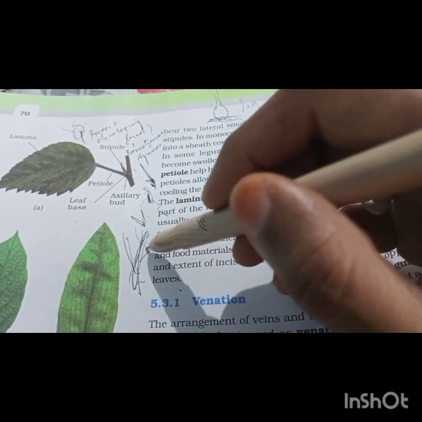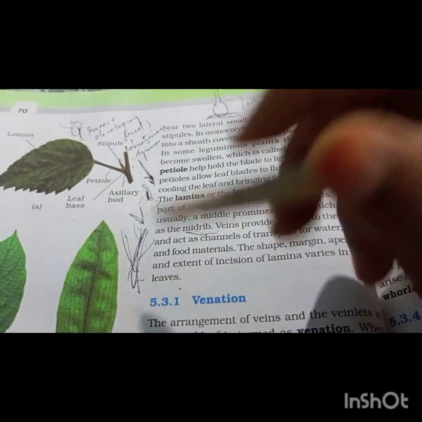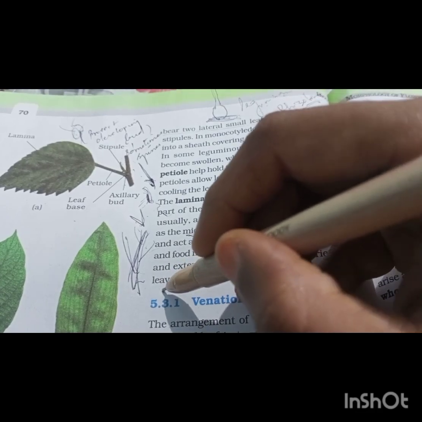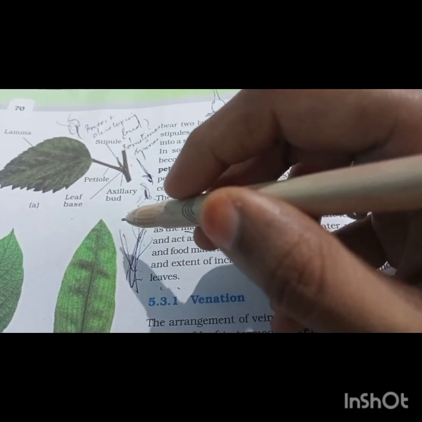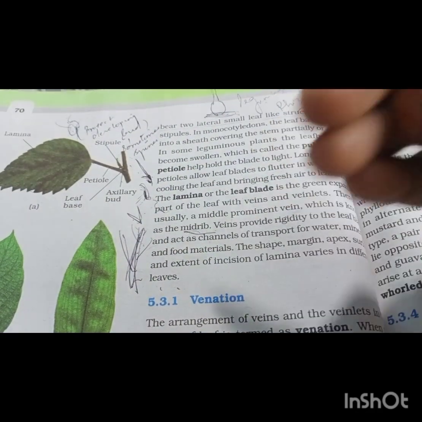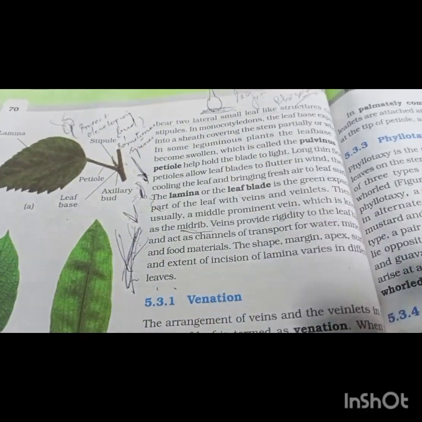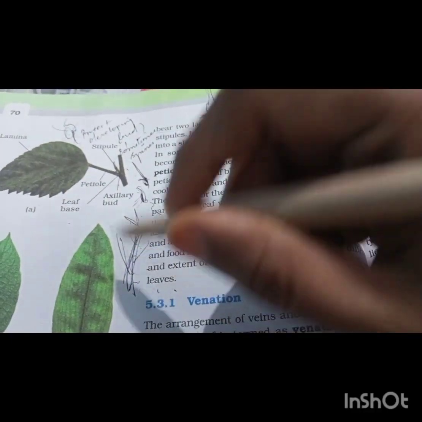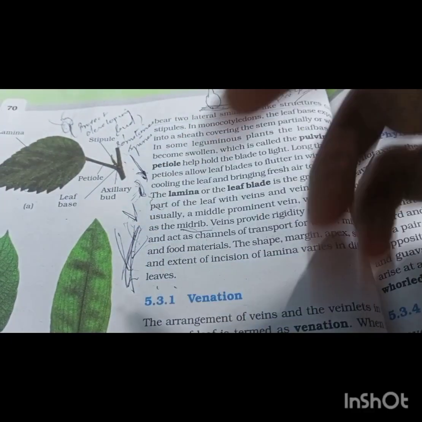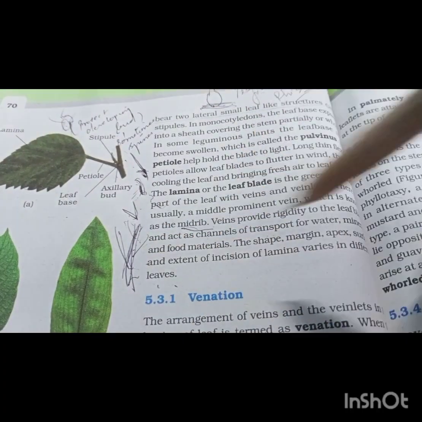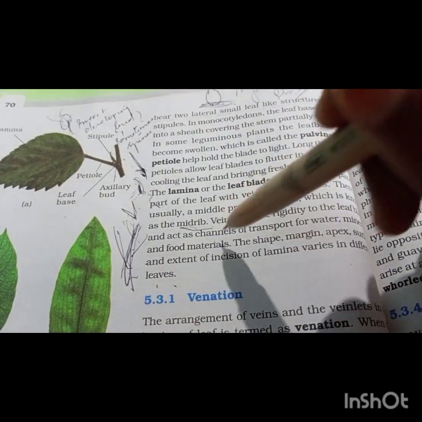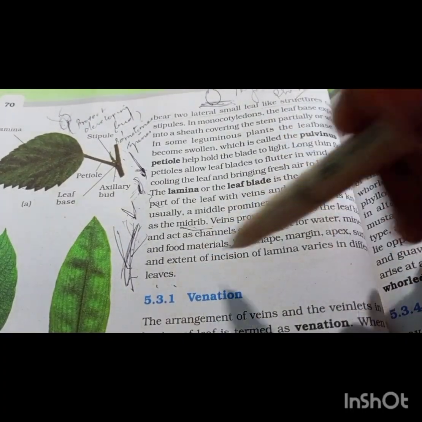They give rigidity and shape to the leaf, and also act as a conducting agent for the conduction of water and food. Just like in our body the circulatory system circulates blood, in the same way, through the veins, water and food are transported. So they act as a channel for transport of water, minerals and food materials.